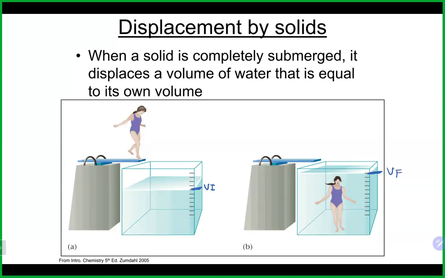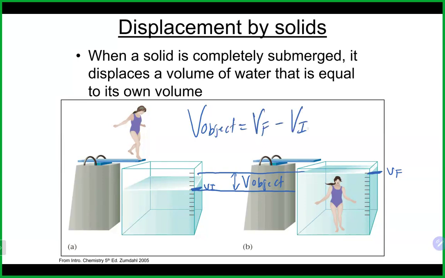If you take the difference between the water level where it started and where it ended, that is basically the volume of the object. So in general, you could find the volume of an object by taking the final volume minus the initial volume.